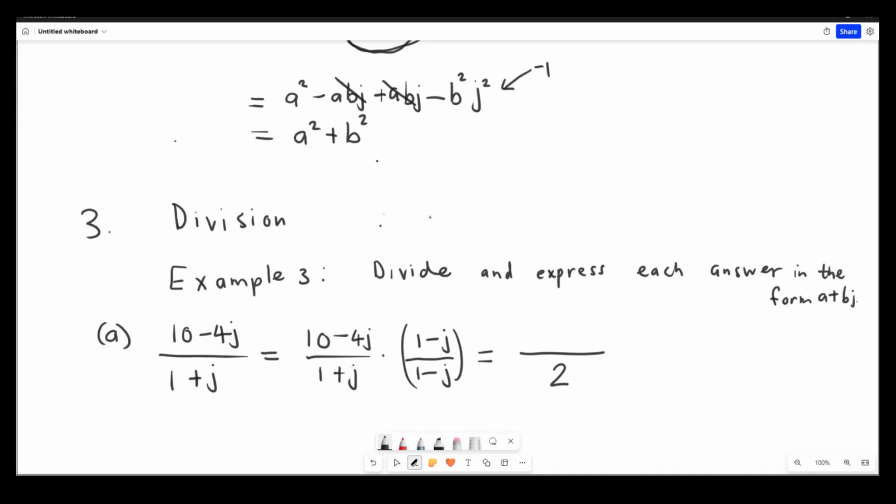Great. Let's look at the numerator, guys. The numerator should be relatively easy for you. When you multiply that out, let's just do it for the sake of everyone. So 10 times 1 is 10, and 10 times minus j is minus 10j. And minus 4j times 1 is minus 4j.